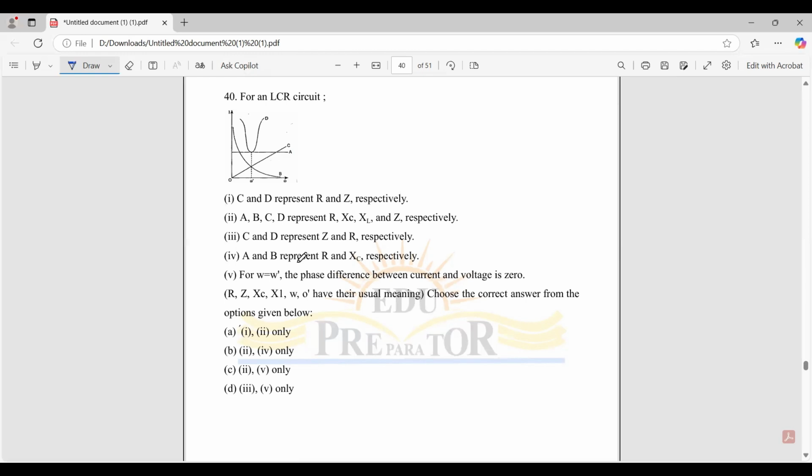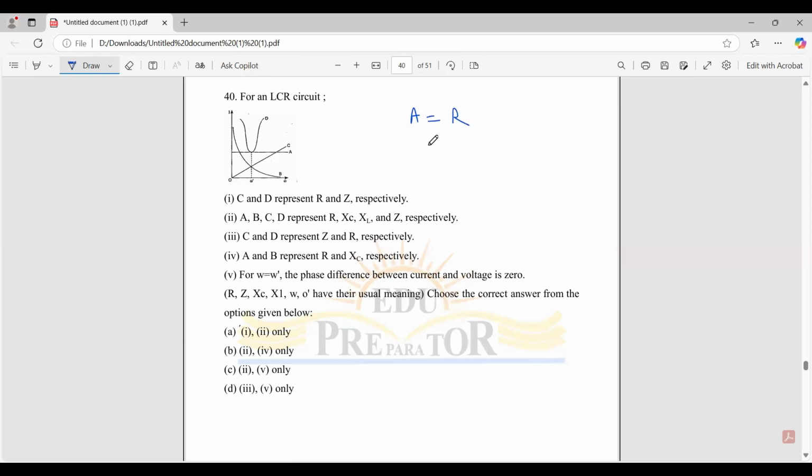If you just see graph plot A, you have a very important concept: frequency has no effect on the current. Because frequency has no effect on the current, A should be resistance, right? So I can now write A is the resistance.